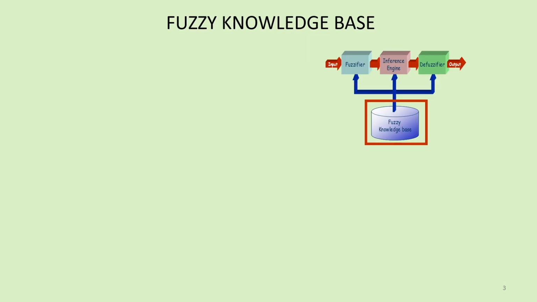We know about this idea from our past presentations. But the important point to note here is the fuzzy knowledge base. In almost all the case studies and applications that we have discussed so far, the fuzzy knowledge base has been intuitively designed.